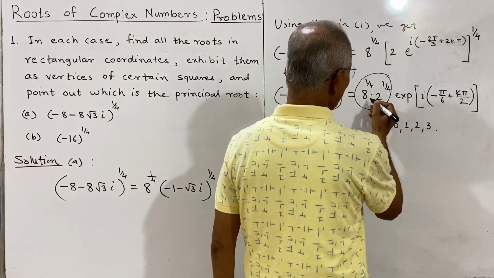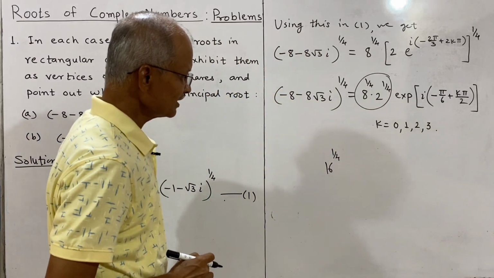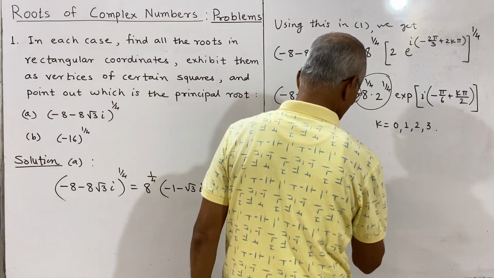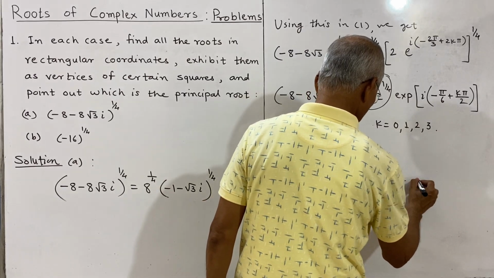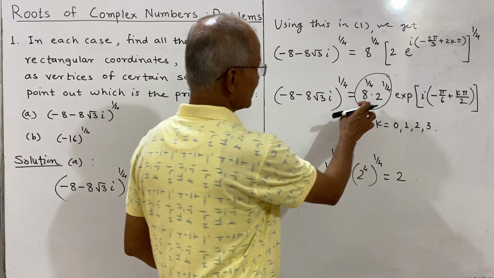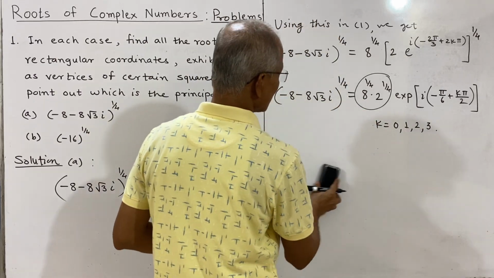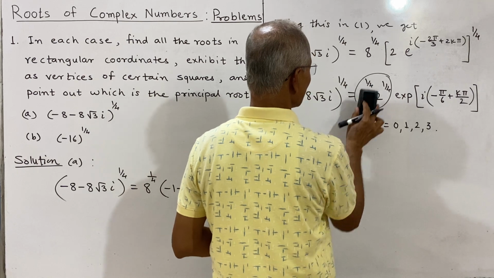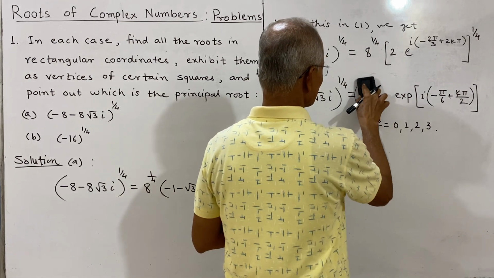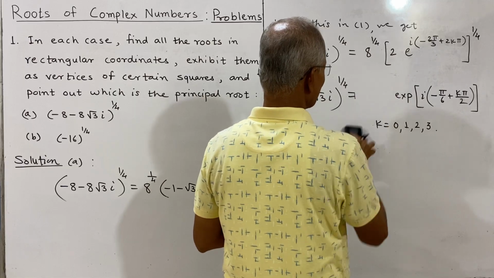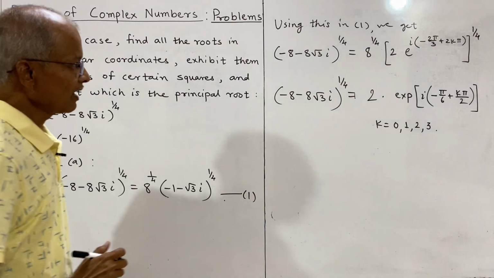You see, 8 into 2 is 16, power 1 by 4. 16 power 1 by 4 is written as 2 power 4 is 16, raised to 1 by 4, so this is simply 2, and thus we replace this by 2, and this value is 2, into exponential of this.